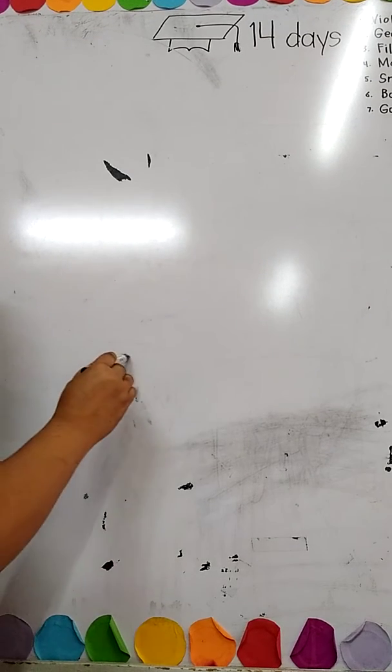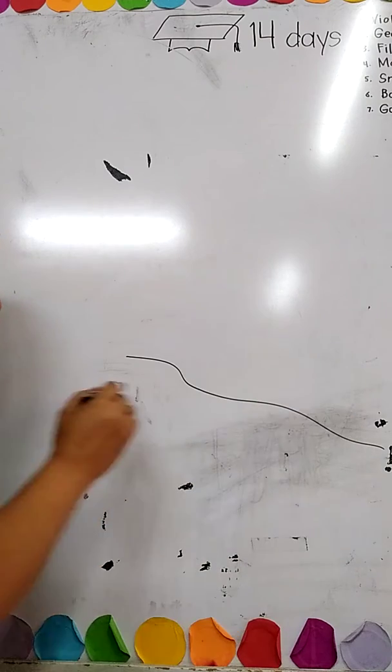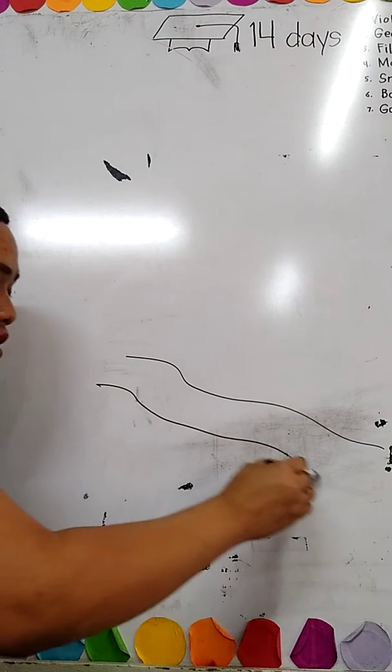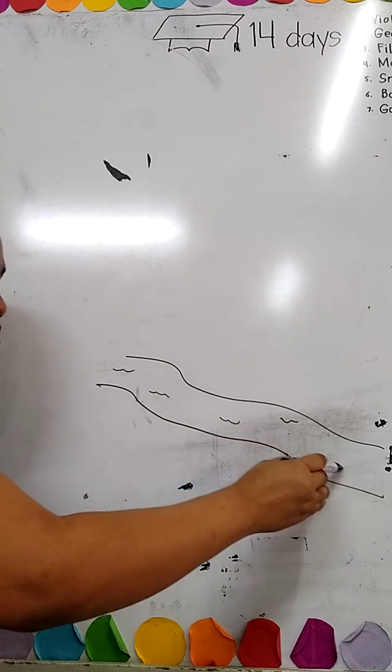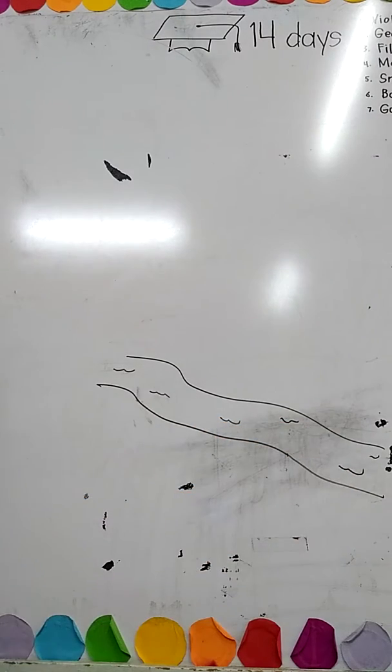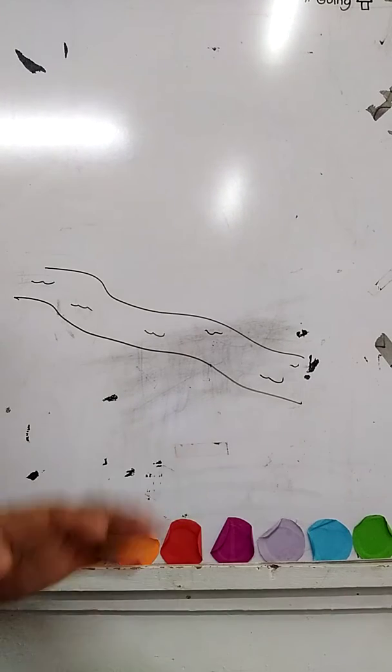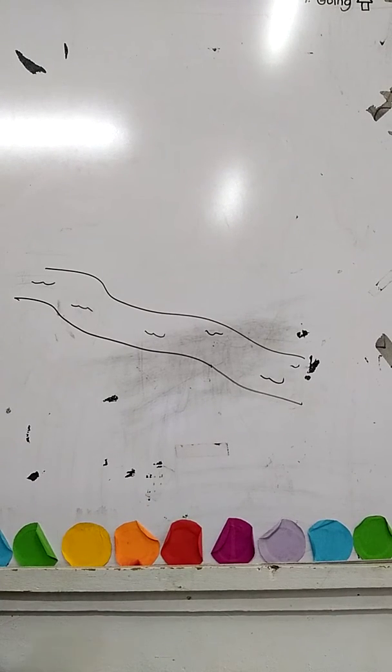So what you can do is to make like a snake, and you can draw some small waves there to indicate that it is flowing. Say river. Okay.